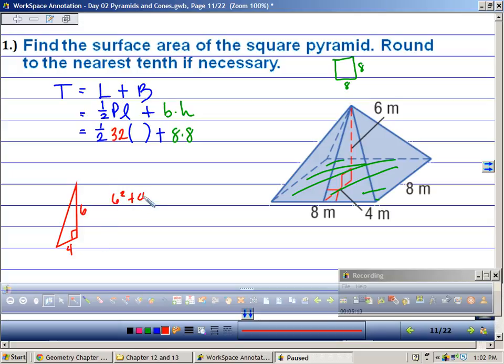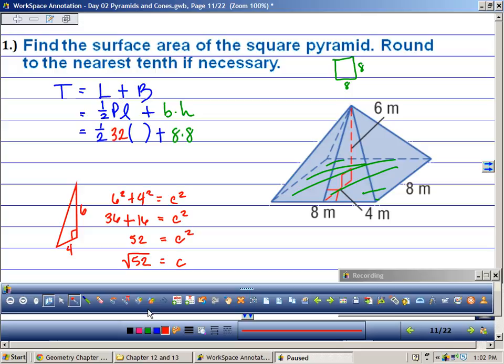So 6 squared plus 4 squared equals c squared. 36 plus 16 equals c squared. 52 equals c squared. So c equals what? Square root of 52.